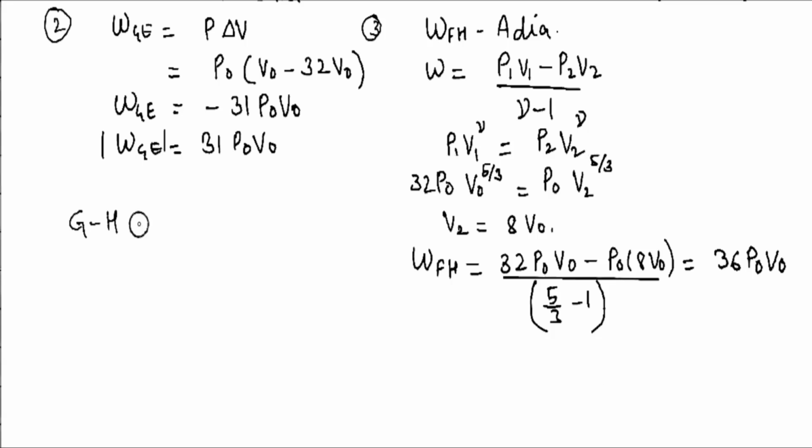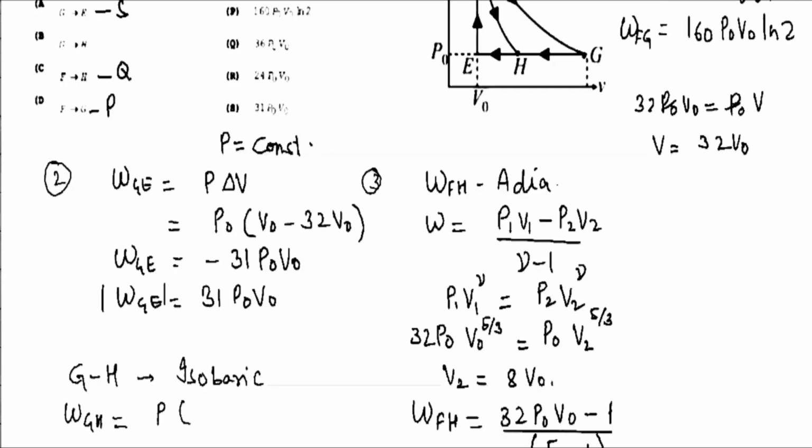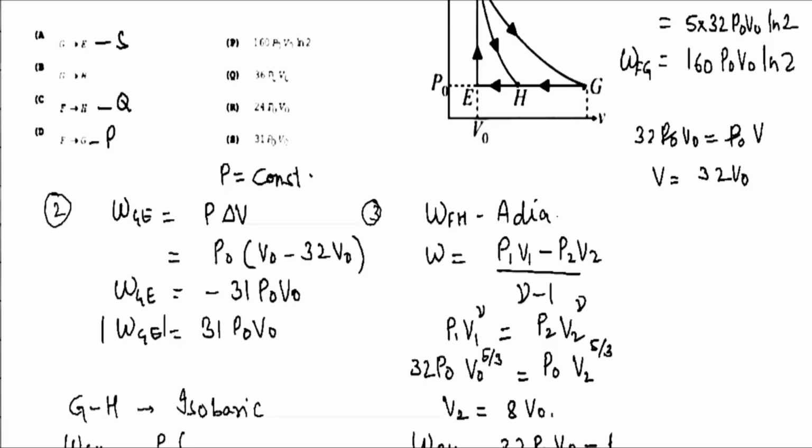So GH is again an isobaric process, right? So we can simply find out WGH. This will be equal to P times the change in volume, where the volume is decreasing here again. We can see in the process GH the volume is simply decreasing.